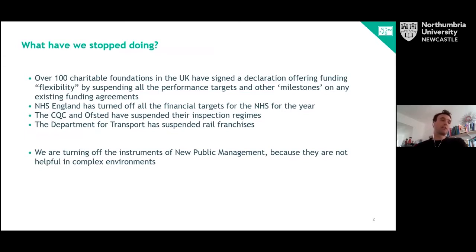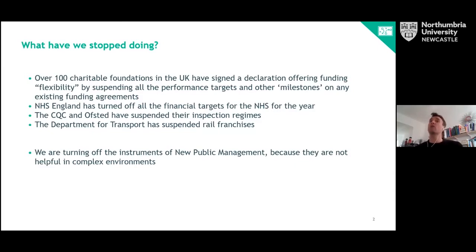So let's look at what public managers have stopped doing in the response to coronavirus. For starters, funders of social interventions have offered flexibility by suspending performance targets and other key performance indicators in their funding agreements.